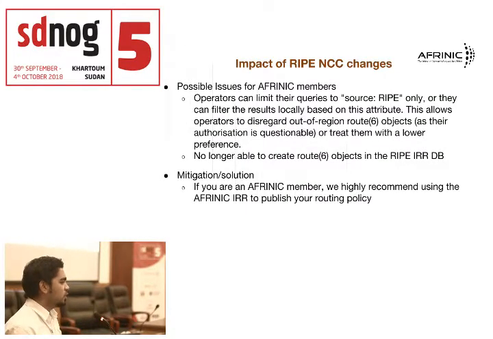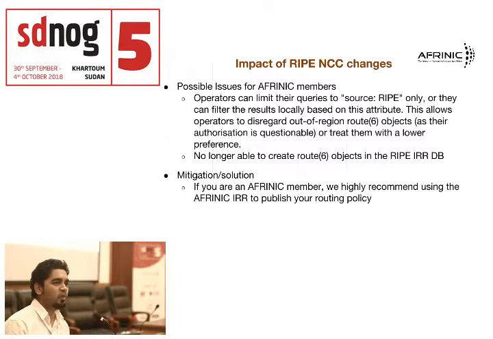So the impact of that change, the NWI-5, on our membership and the legacy resource holders in our region, is that they actually could no longer go and create the object, like I mentioned. And also, some of the operators were limiting their query to source RIPE. So we had an example for Egypt. One of the upstream providers was actually filtering anything that doesn't match that source.